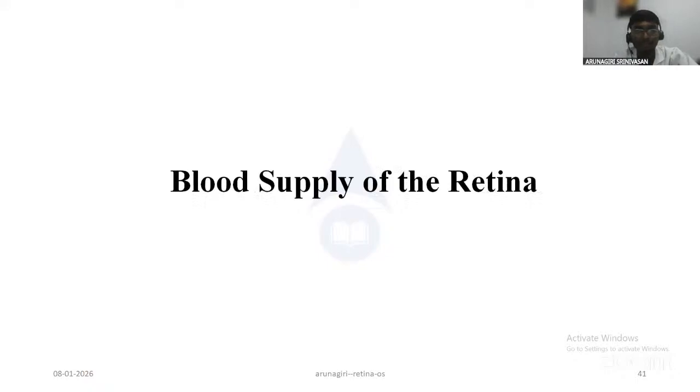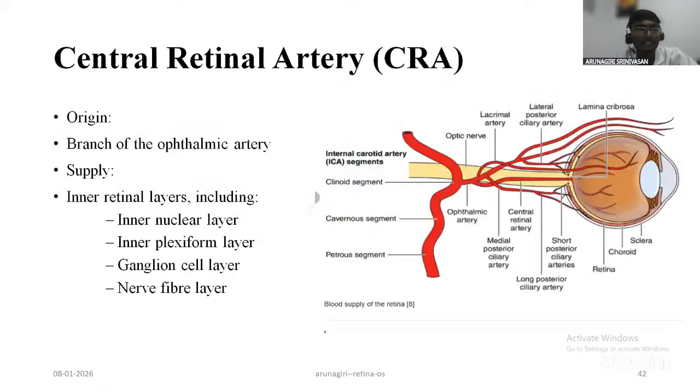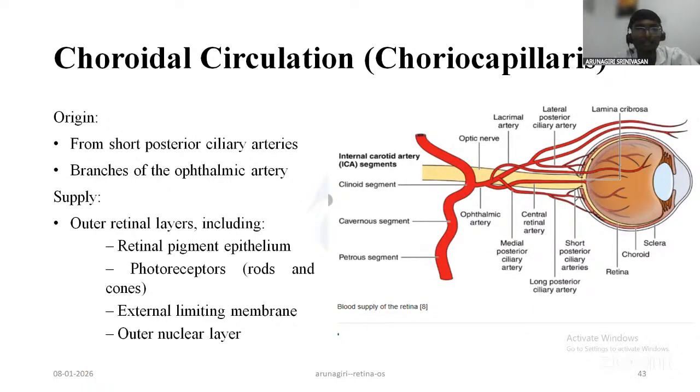Now, blood supply of the retina. The central retinal artery, a branch of the ophthalmic artery, supplies the inner retinal layers: inner nuclear layer, inner plexiform layer, ganglion cell layer, and nerve fiber layer. Choroidal capillaries originate from the short posterior ciliary arteries, a branch of the ophthalmic artery.